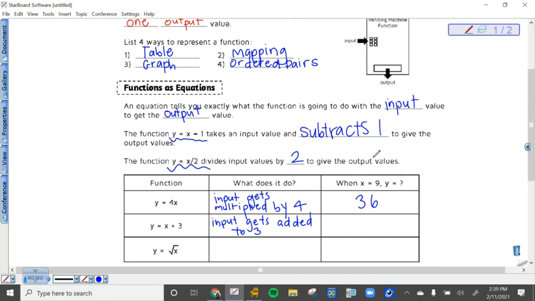And again, if I plug in 9, 9 is my input gets added to 3. What is my output going to be? 12. Yeah, 9 plus 3 is 12.